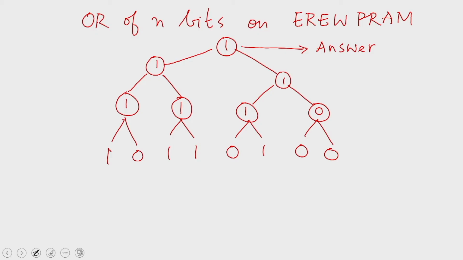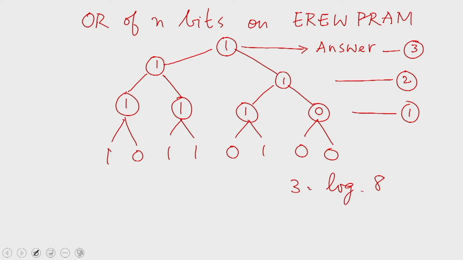So, you see that given an array of size 8, the OR of these 8 bits can be found in 3 steps. This is the first step, this is the second step, and the answer is formed in the third step. And 3 happens to be the logarithm of 8 to the base 2. So, the algorithm involves log n steps.